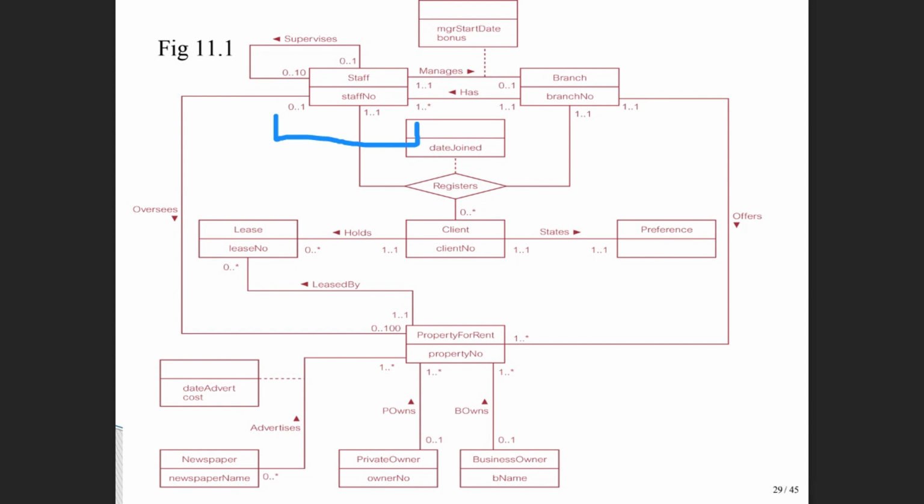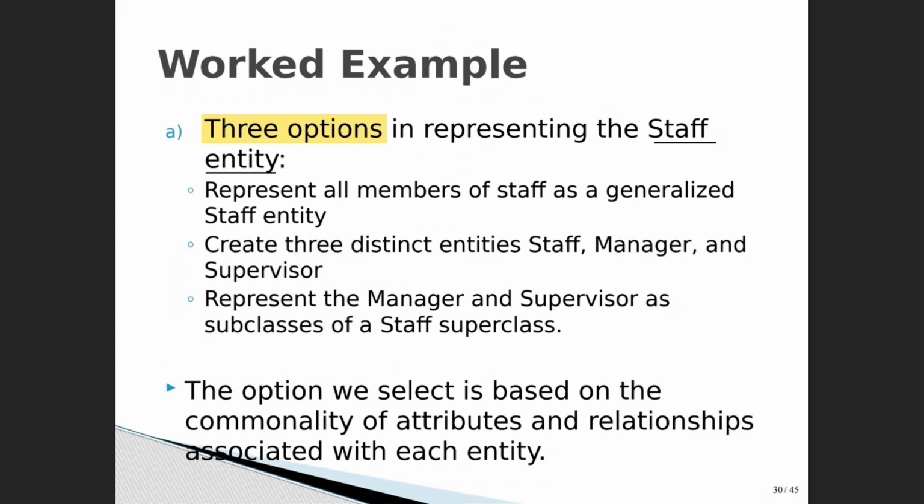Staff can be more than one, all right? More than one staff member. Let me see what these options are. Number one, all members of staff will be staff, a generalized staff entity. This is number one.